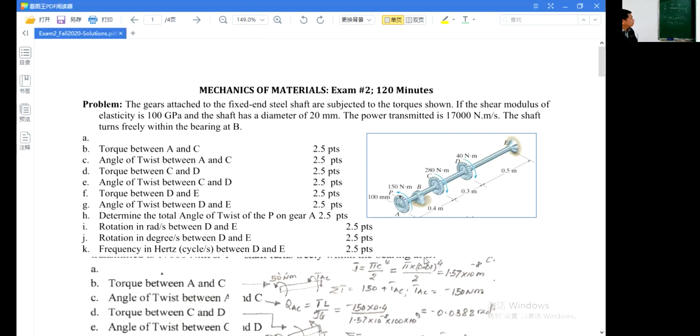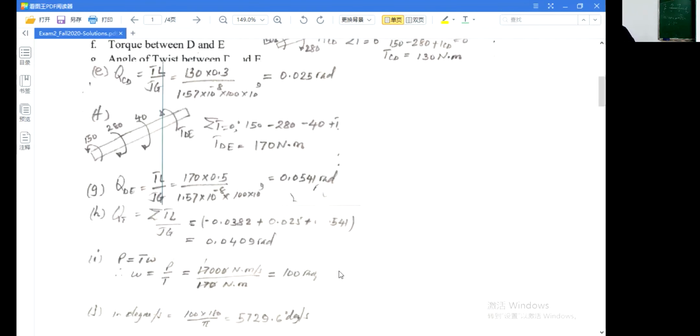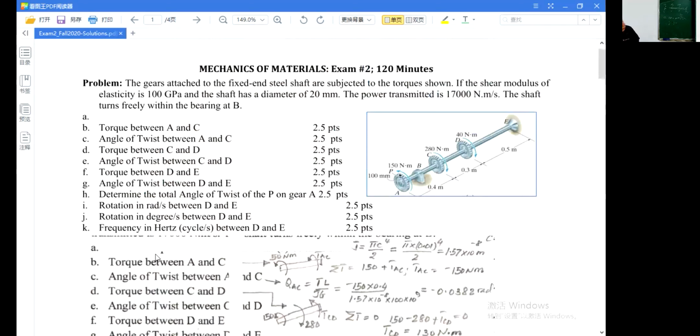Is 90 really 90? Power P equals T omega. The 40 is 40.